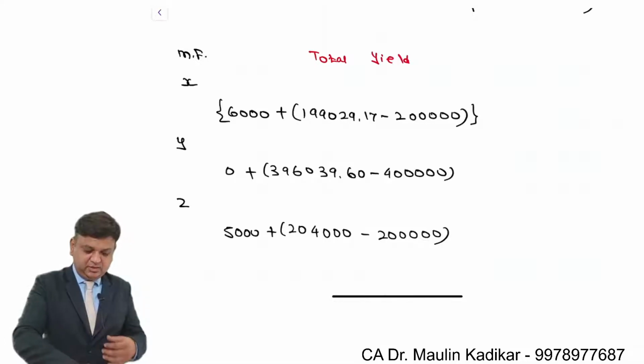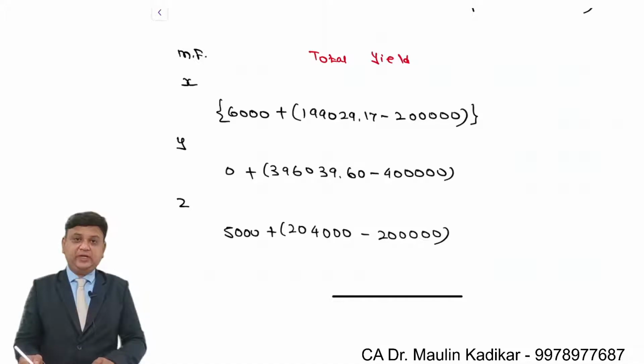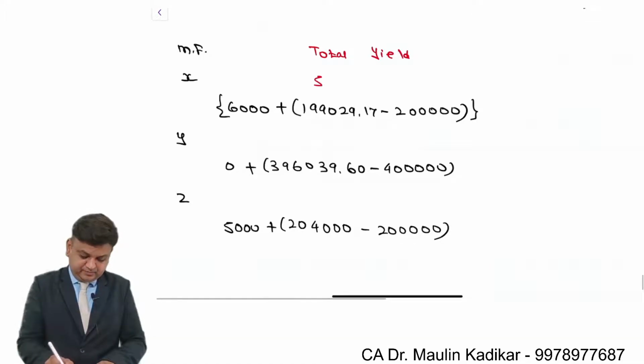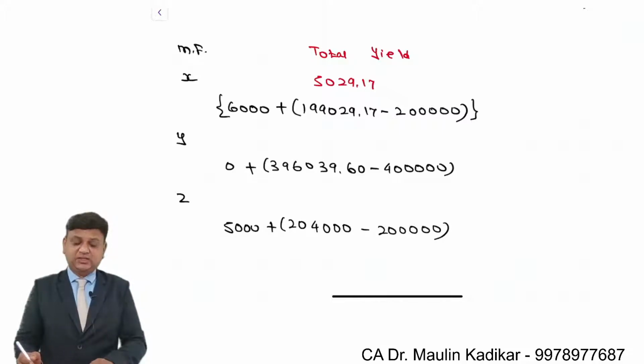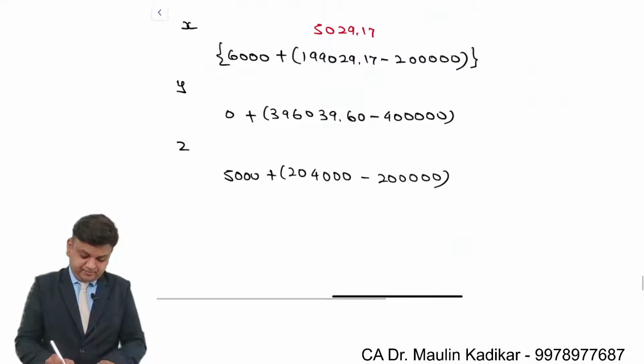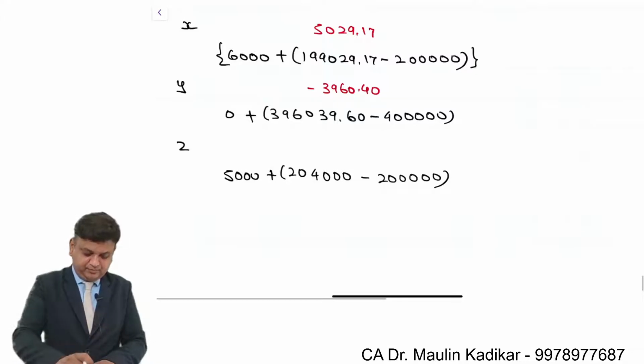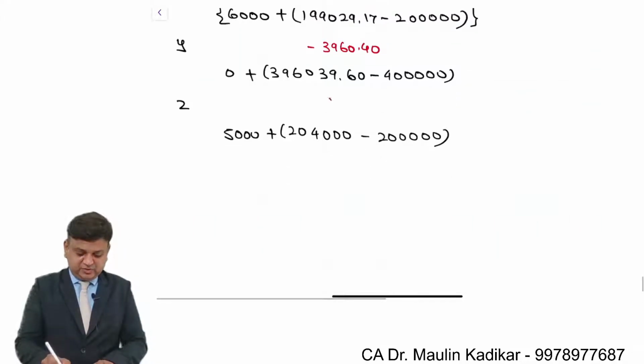1,99,029.17 minus 2 lakhs plus 6,000. So 5,029.17. 396,039.6 minus 4 lakhs, 3,960.4. 4 plus 5, that comes to 9,000.